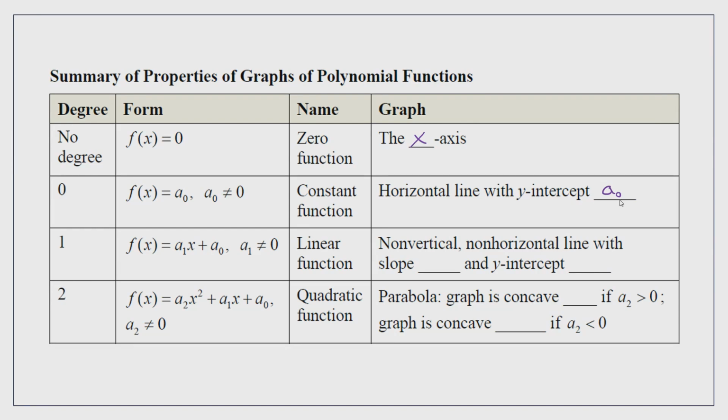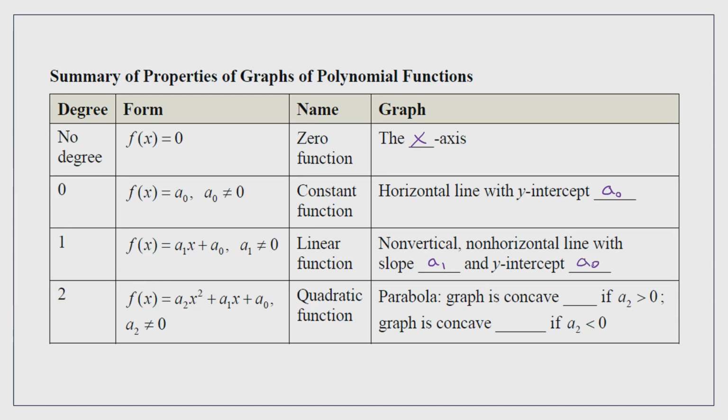When you have a degree of 1, all right, so now you have a term that has an x with a power of 1 plus your constant, where a sub 1 does not equal 0, because if it did, it would be the constant function. This would be considered a linear function. So this is a non-vertical, non-horizontal line with a slope of a sub 1 and a y-intercept of a sub 0.